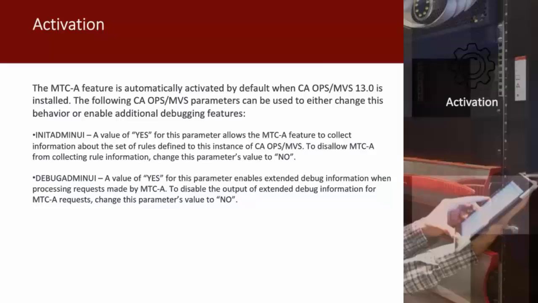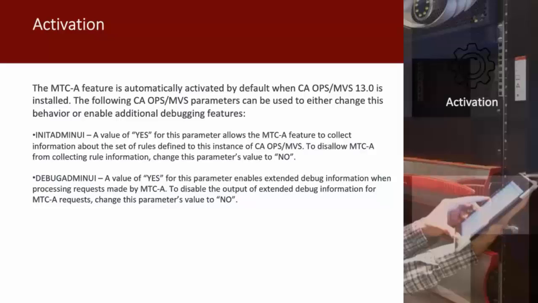By default, this parameter will have a value of yes, which allows MTCA to collect information concerning the rules managed by this instance of Ops MVS. You can disallow MTCA from collecting rules information by changing the value of this parameter to no.